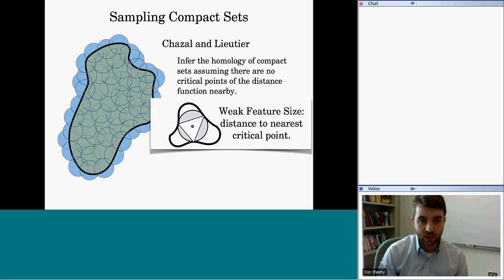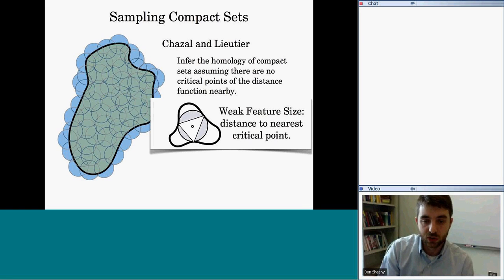And let me just clarify what I mean by the critical points of the distance function. Here in this little picture, inside the triangle, there's a point, and that point is a critical point of the distance function.